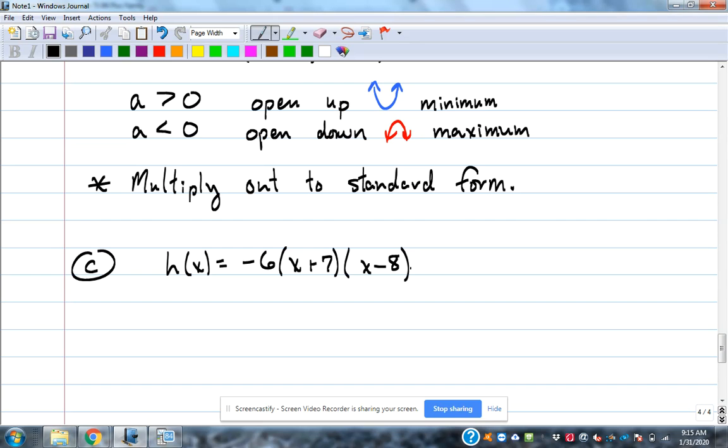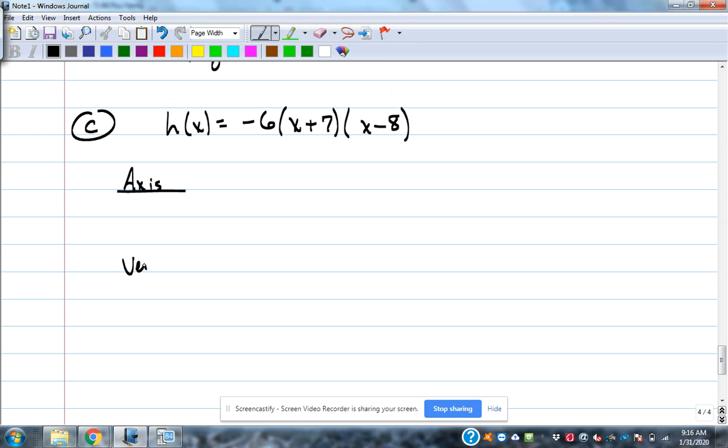Means the same thing. So intercept form, factored form, same thing. And we want to get all of the same stuff. So axis, vertex, domain, which we already know, range, which we'll find in a minute, and let's get our intercepts.